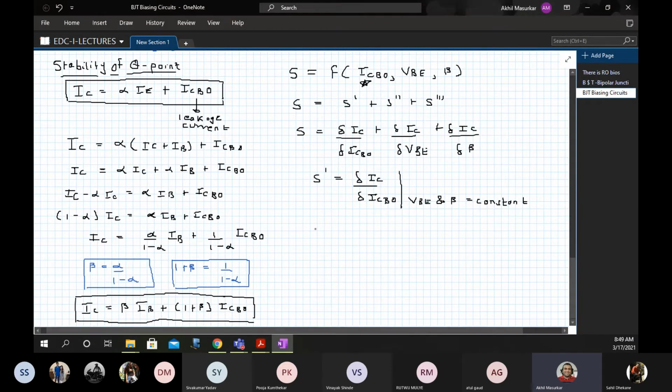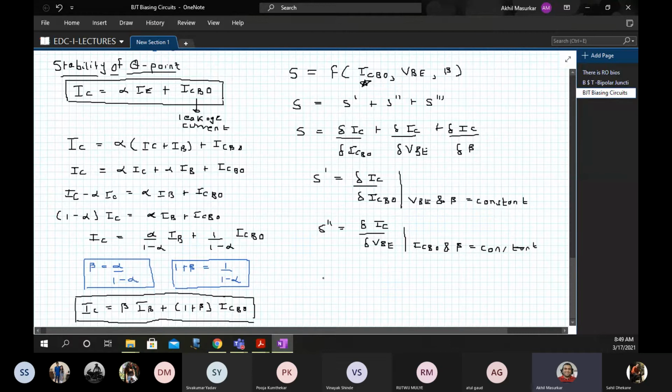Similarly, we have S double dash, that is going to be delta IC upon delta VBE, when ICBO and beta are constant.